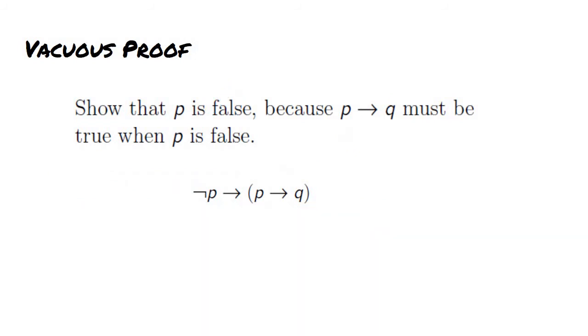A vacuous proof shows that if you are able to show that P is false, then P implying Q must be true when P is false. So the idea here goes back to the truth table of the implication. You have P and Q, for example, and say this is false.